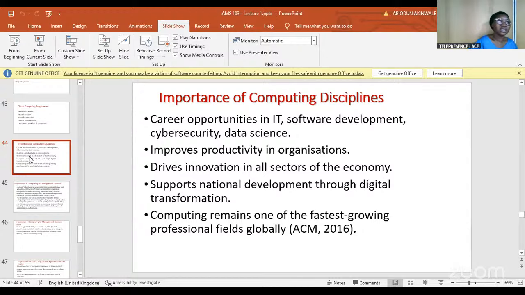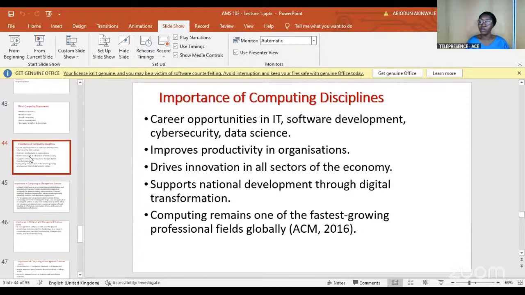You want to sit in the aeroplane by the window side, you can do all that without getting to the airport. So you only wait for your check-in time, so that you don't miss your flight, and then you go there. Okay. Support national development through digital transformation.